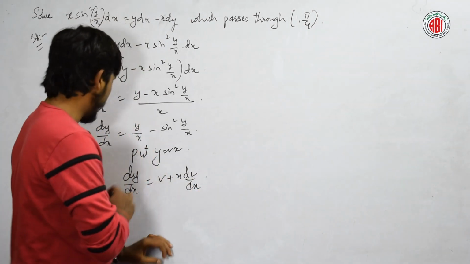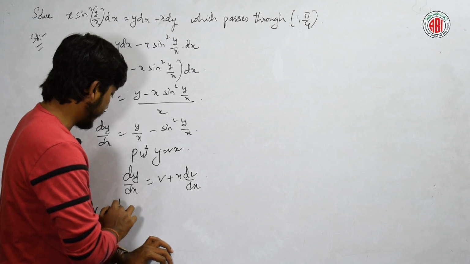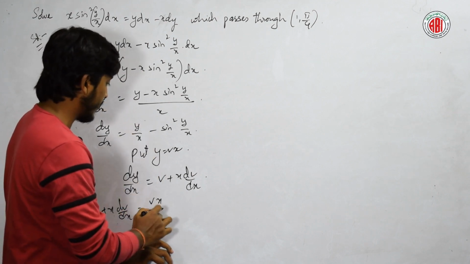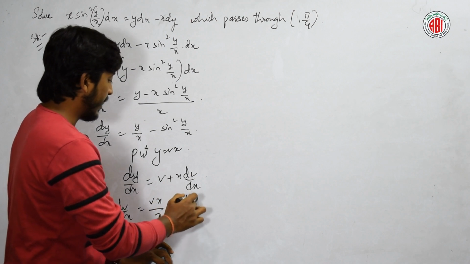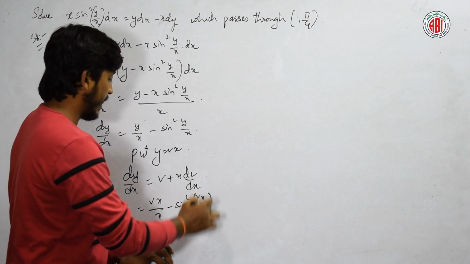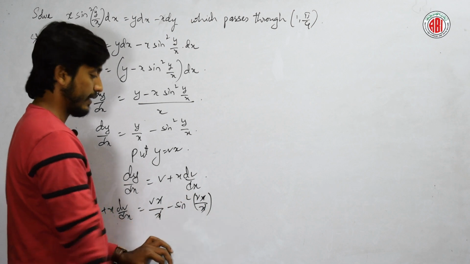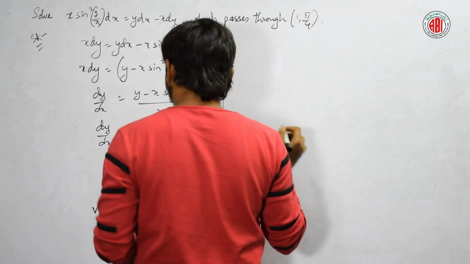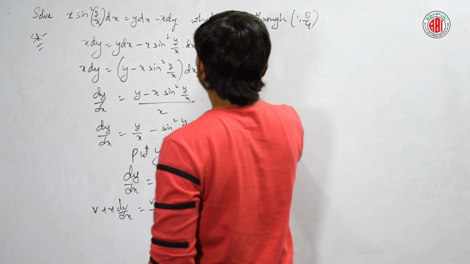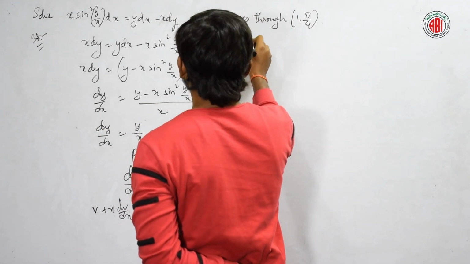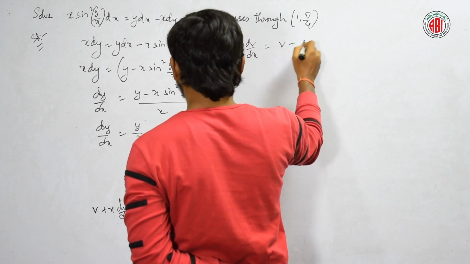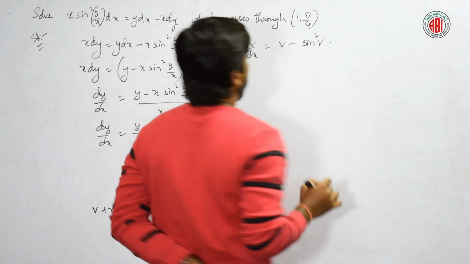So this will be v plus x into dv by dx is equal to, instead of y I will put vx by x minus sin square (vx by x). x and x will get cancelled, right? So we will have v plus x dv by dx equal to v minus sin square v.